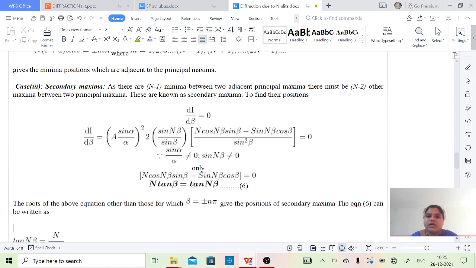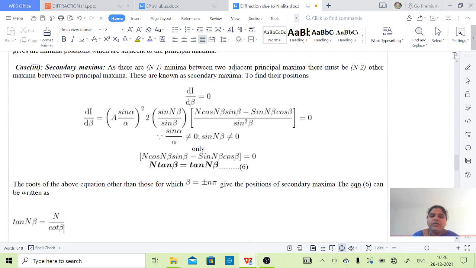In this condition, particularly sin alpha by alpha doesn't equal 0, and sin n beta doesn't equal 0, then only the last numerator term will equal 0. From that condition, we get n tan beta equals tan n beta, because we can write the like terms on the same side. So n tan beta equals tan n beta.